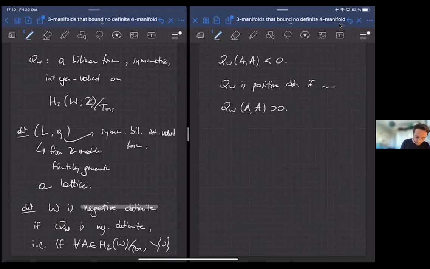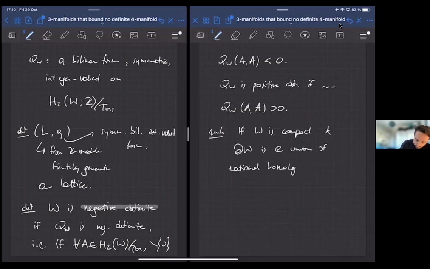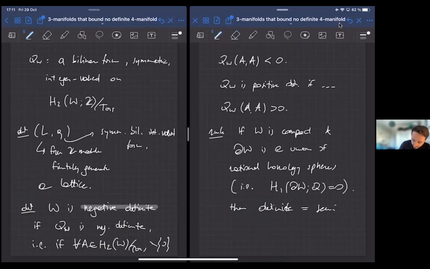So this is our definition of negative definite for manifolds. And let me remark maybe that if W is compact and the boundary of W is a union of rational homology spheres, that is to say, if the first homology group of the boundary of W with rational coefficients is trivial, then negative definite is the same as being semi-definite.